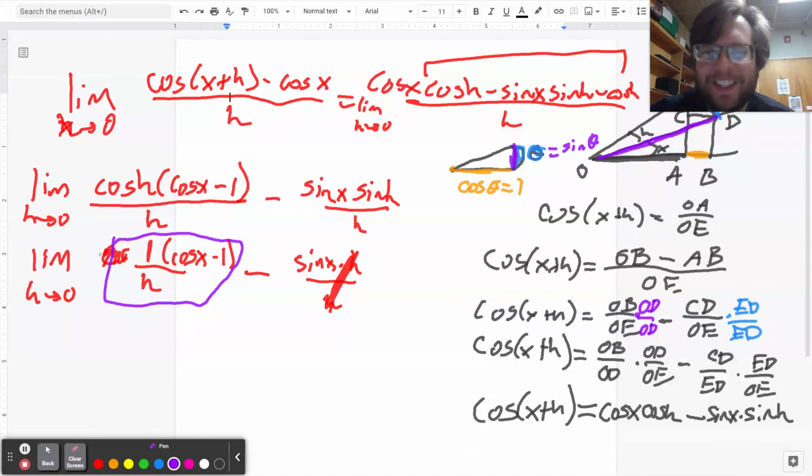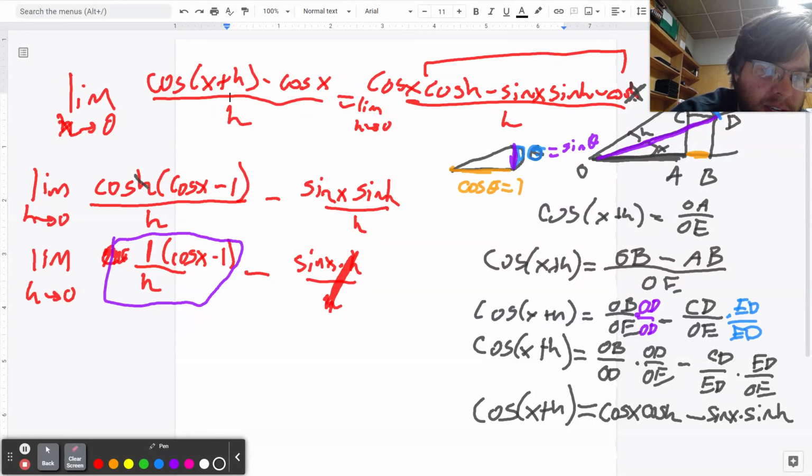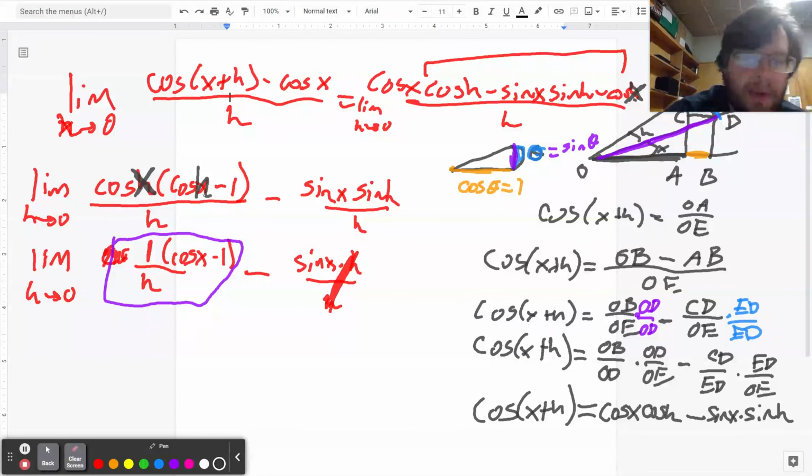Okay, I made a small mistake. I'm glad I caught it. When I wrote this step up here at the top, I wrote cosine of h. This should have been cosine of x. So let's fix that. Now those two terms have a cosine of x in common, and this should read cosine of h minus 1. Sorry about that mistake.